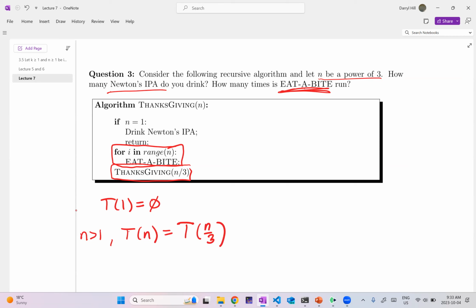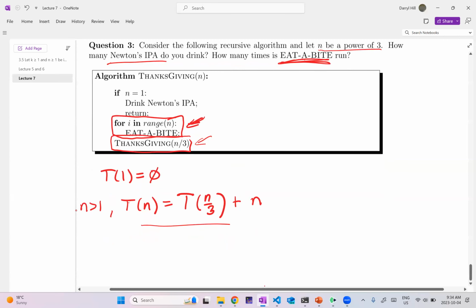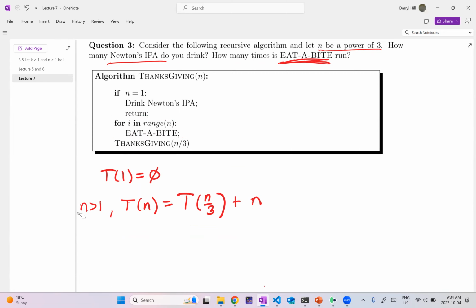So T of n over 3 is the number of times eat a bite is run by this call to Thanksgiving of n over 3, plus n for my for loop. I eat n bites of turkey. So I have a very simple recursive formula, but we're going to expand it, find the pattern, and then prove it using induction. Questions so far? Yeah.